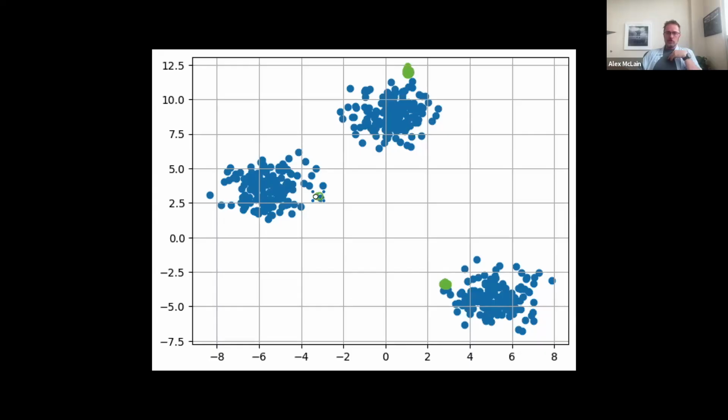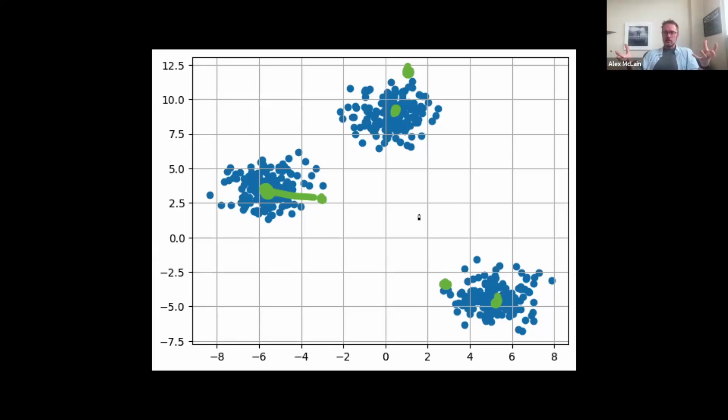So this centroid would then move from this spot over to somewhere around here, because that's going to be the average among all those in that group. This one would move over to here. This one would move over to here.